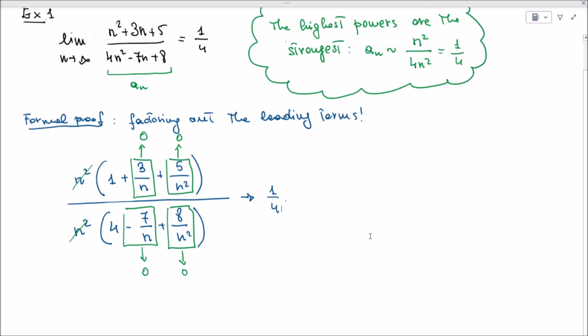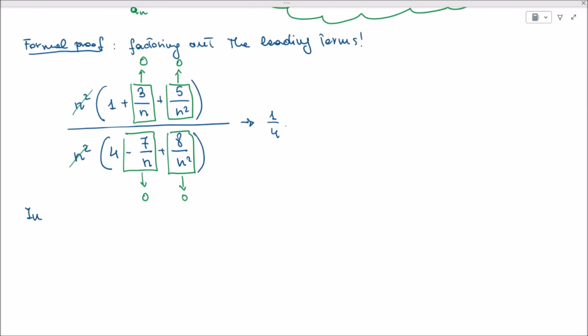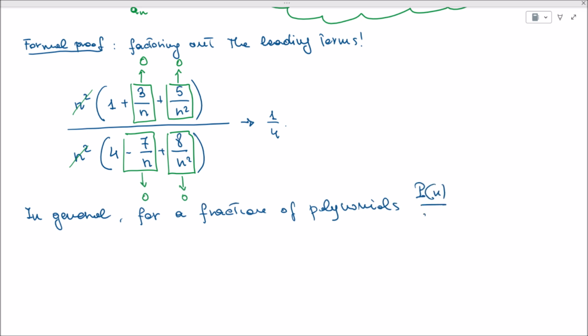This method can be generalized, so we can say that in general, for a fraction of polynomials like p of n divided by q of n, if the degree of p of n is less than the degree of q of n, then the limit is going to be equal to 0.